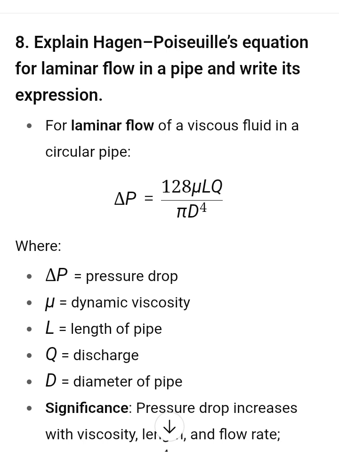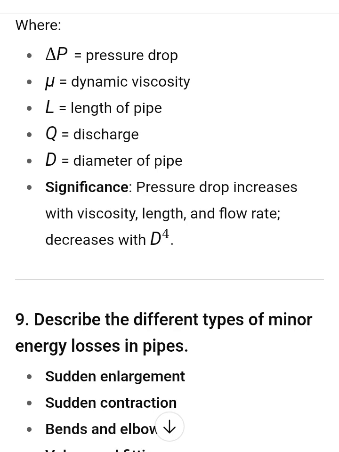For laminar flow of a viscous fluid in a circular pipe, delta P equals 128 mu L Q divided by pi D power 4, where delta P is pressure drop, mu is dynamic viscosity, L is length of pipe, Q is discharge, and D is diameter of pipe.